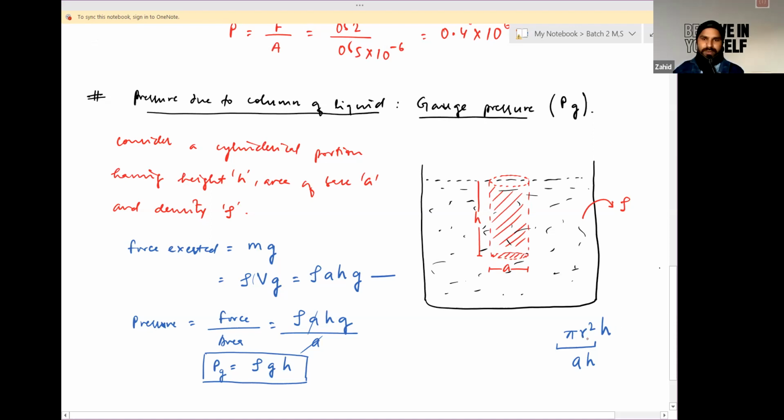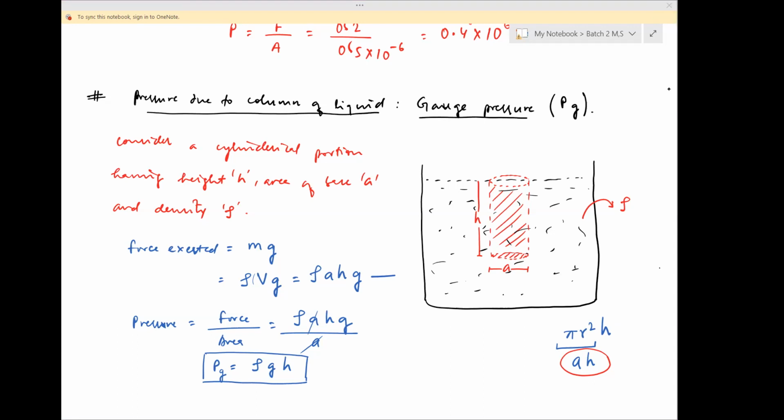So this pi r square is nothing but the area of the circular base, which may be written as A into h. So this will be the general formula for calculation of volume of any geometrical figure. Asma, any doubt?